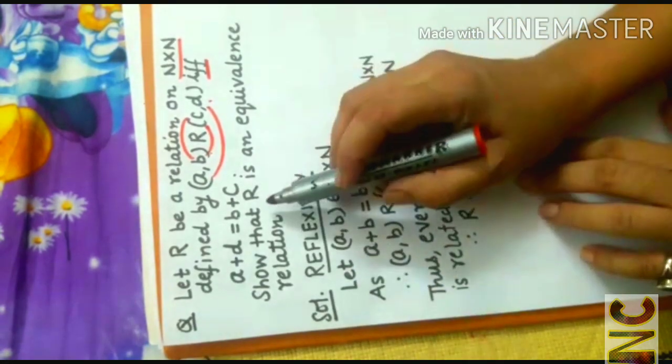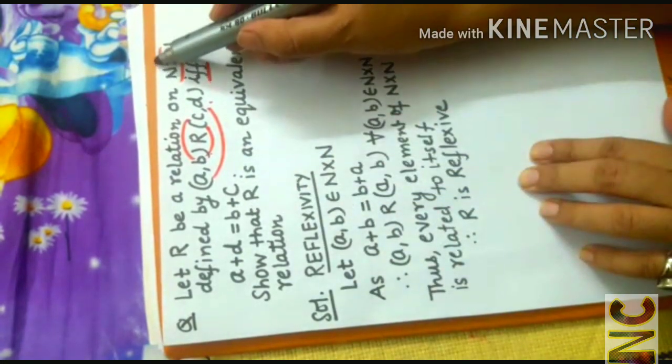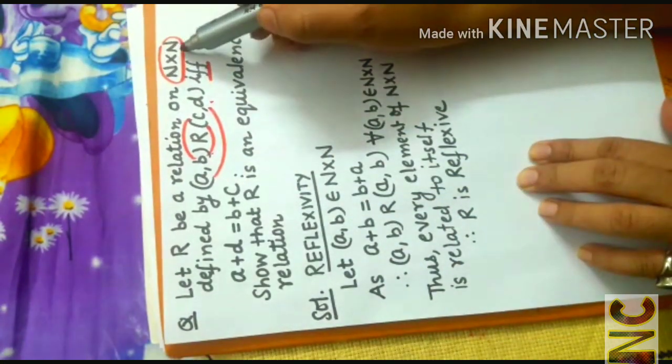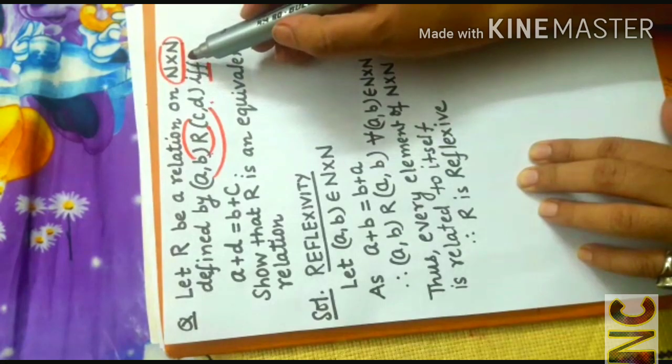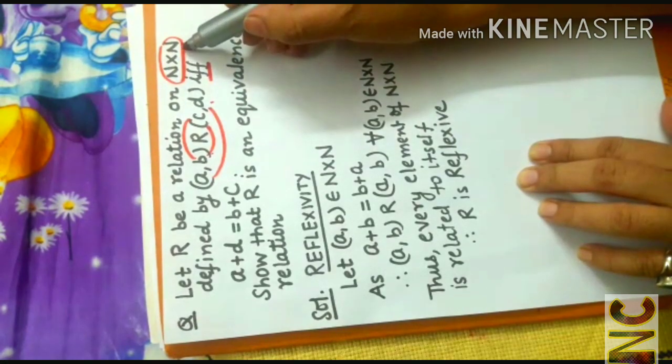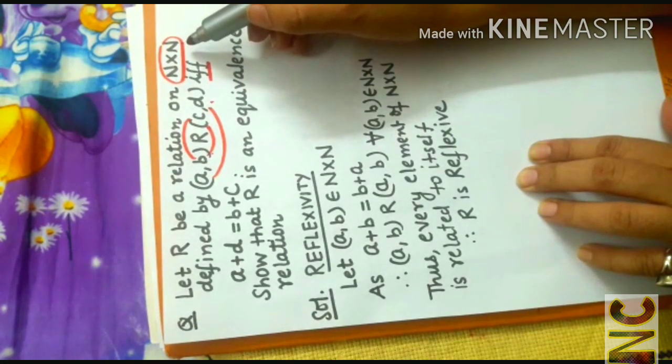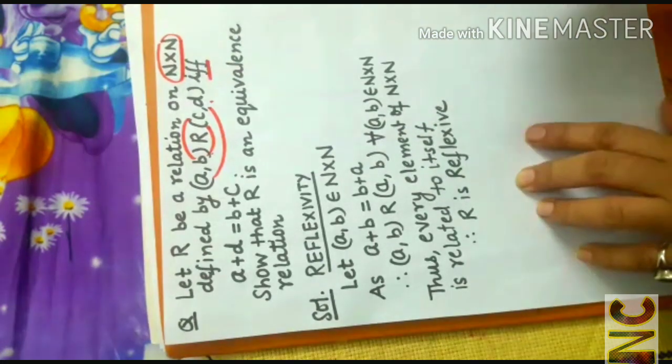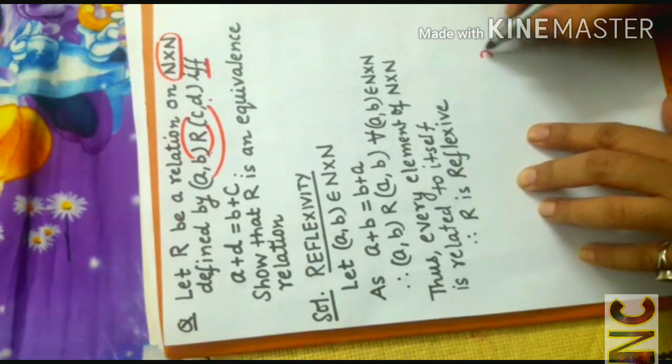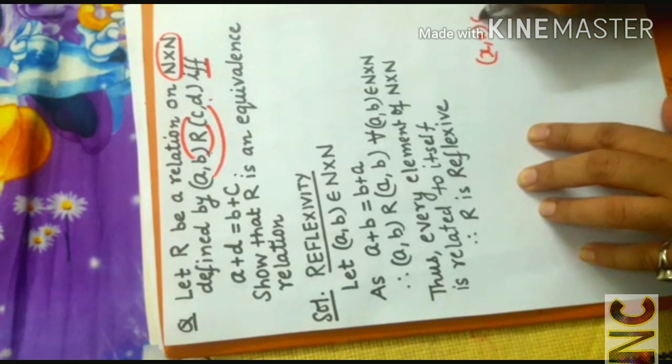Now this relation is defined on the set N cross N. So I have to show that every element of this set is related to itself. Now we show that (x, x) belongs to R.